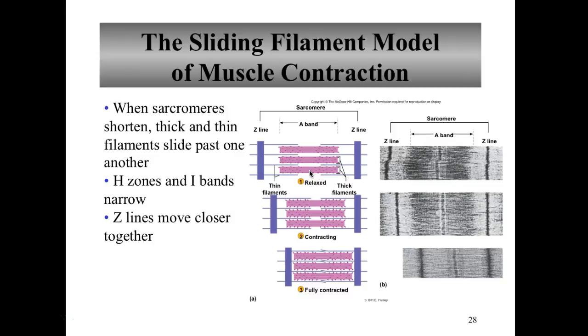Check this out on page 300, figure 9.9, illustration 1. And then when calcium ions are present, calcium binds to troponin, causing a conformational change.